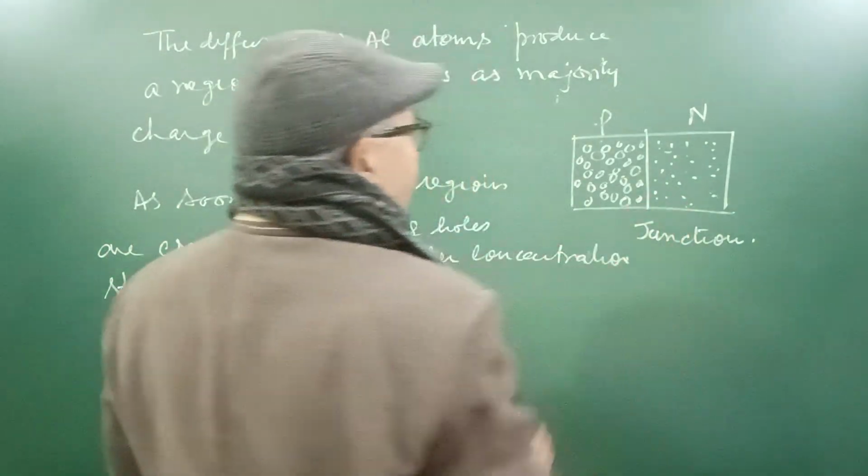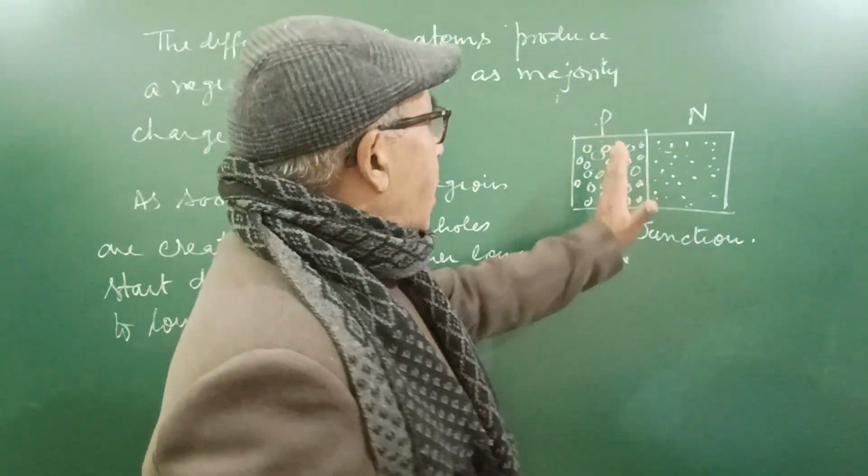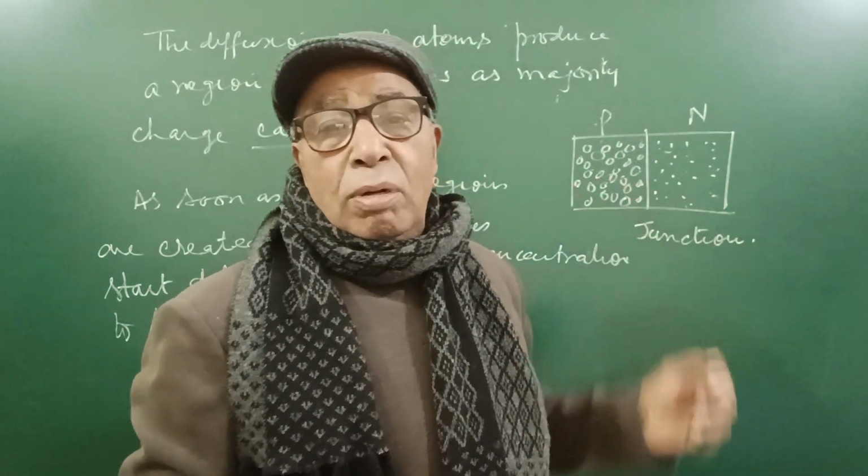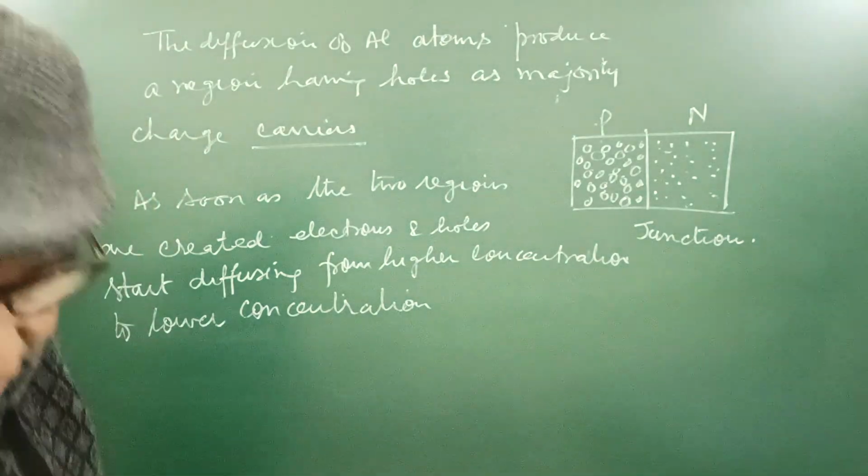So diffusion takes place, meaning holes start diffusing from the P to the N region, and electrons start diffusing from the N to the P region.